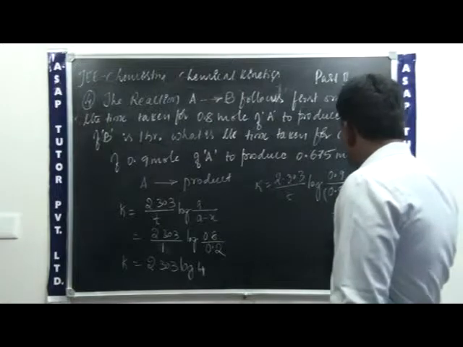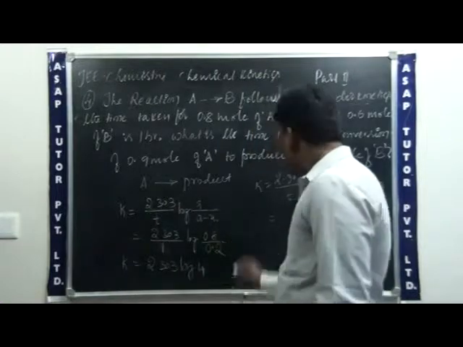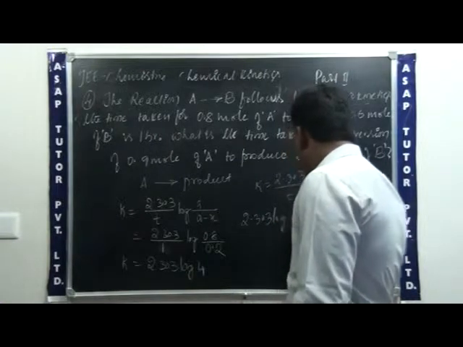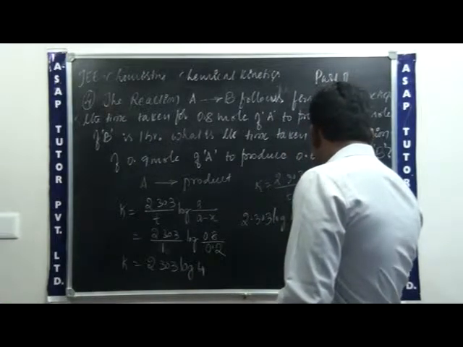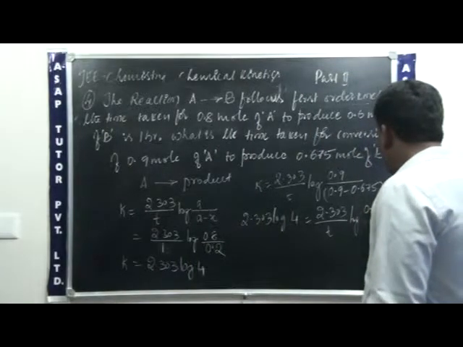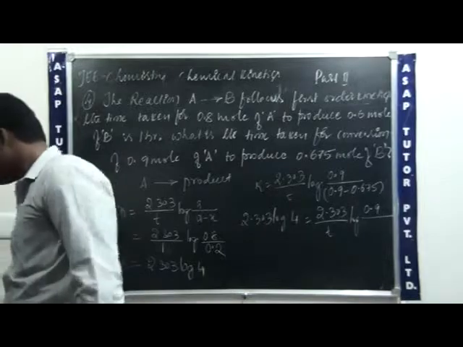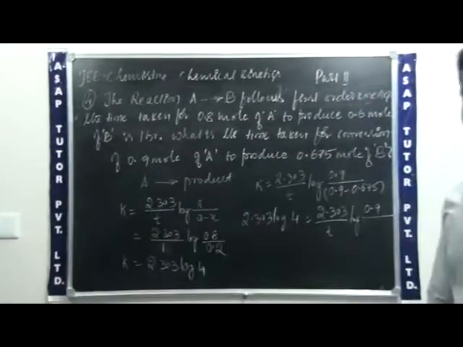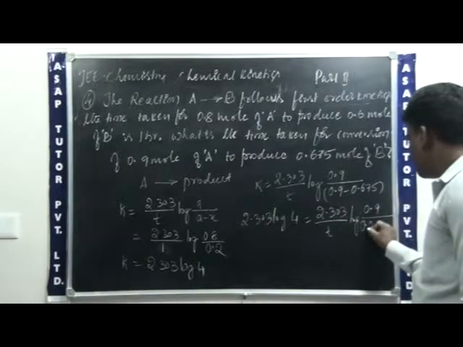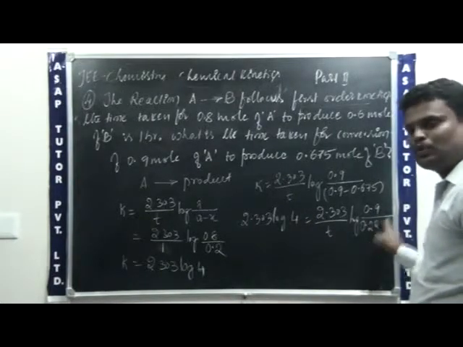The value of K is 2.303 into log 4, which equals 2.303 by T into log of 0.9 divided by, if we subtract 0.675 from 0.9, 0.225. Therefore, we can write it as 900 divided by 225.